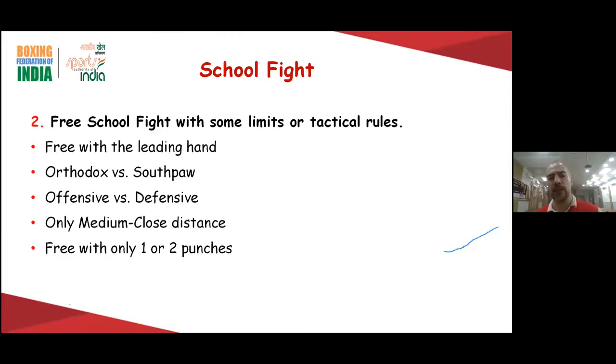One works offensive and one works defensive. Or both work medium and close distance. Or they work free, but only with 1 or 2 punches. So these are more free tasks. Higher intensity looking like the bout, but we put some limits to it.